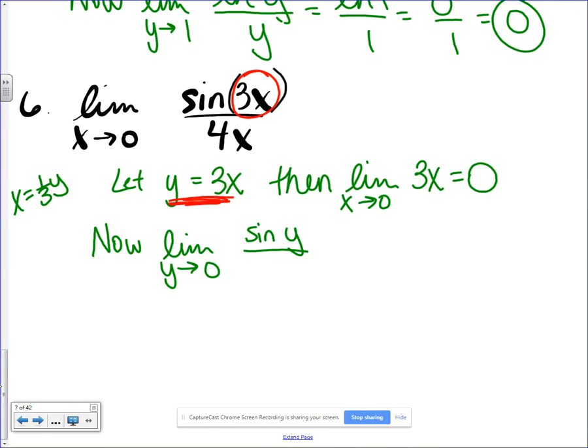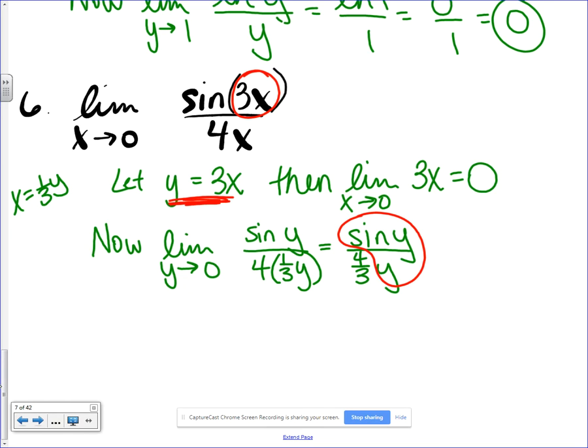You guys are like blank staring at me right now. Okay, so plug it in. The 4 stays, and I'm putting in 1/3 y where the x is. So really, this is sine of y over 4/3 y. Well, we're in business, folks. You see that, right?